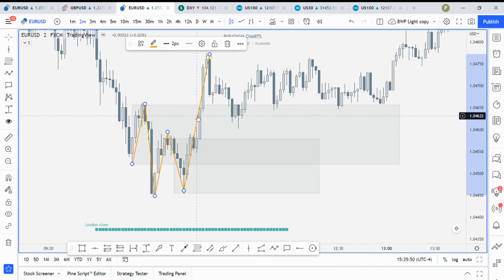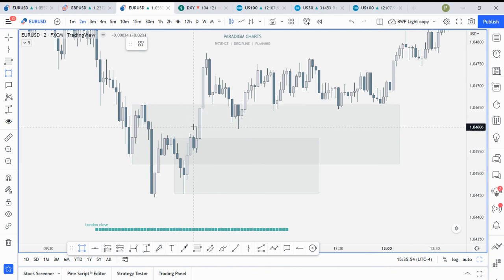If you mark out the fair value gap, you can see this gap right here, the gap between this candle, this candle, this candle. So this is a three candle formation. You can place your entry anywhere inside of this fair value gap and use the low of the first candle as your stop loss.